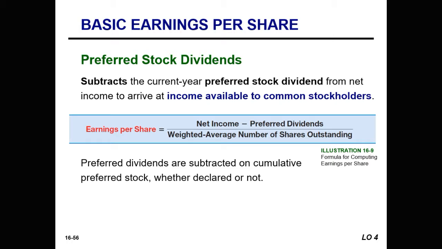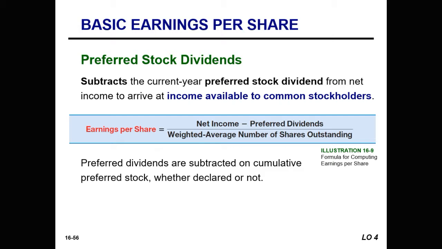So first, let's talk about if preferred stock is also at an organization. When you have both common and preferred stock, to calculate EPS, you have to subtract the current year's preferred stock dividend from net income in order to arrive at what income could be available to the common stockholders. So you take net income minus preferred dividends divided by the weighted average number of common shares outstanding.